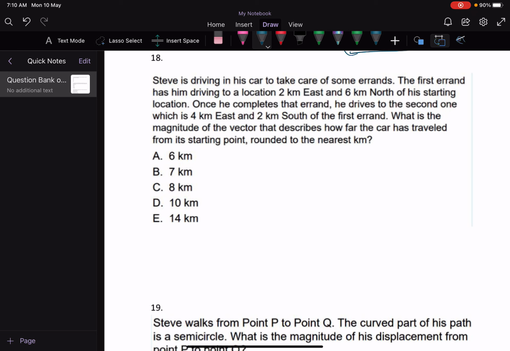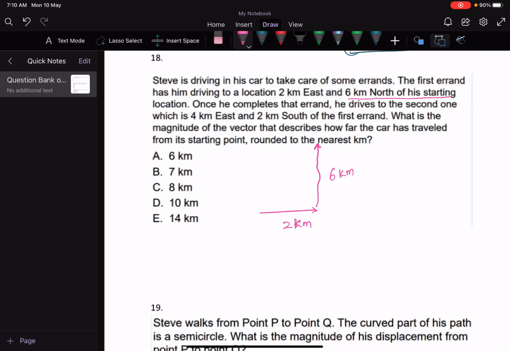Steve is driving his car to take care of some errands. The first errand has him driving to a location 2 kilometers east. Next one is 6 kilometers north of his starting location.